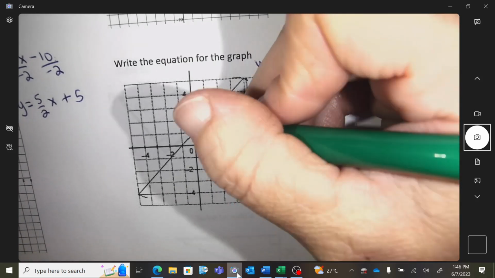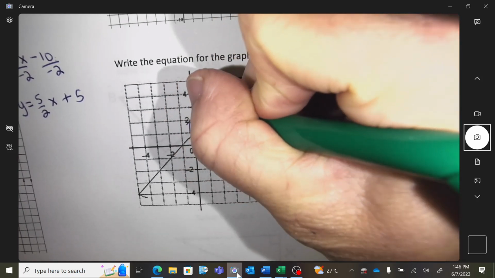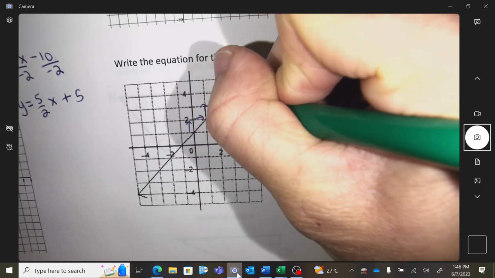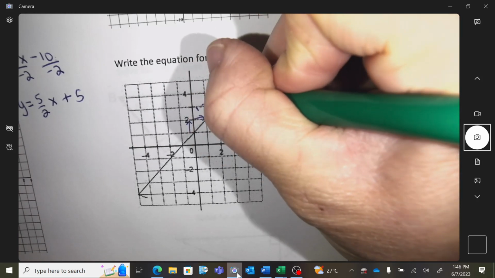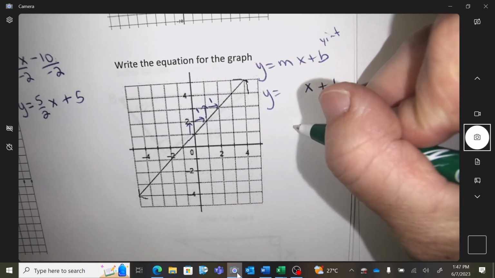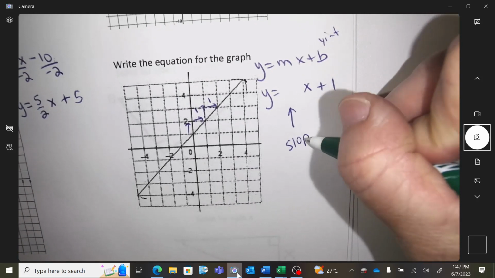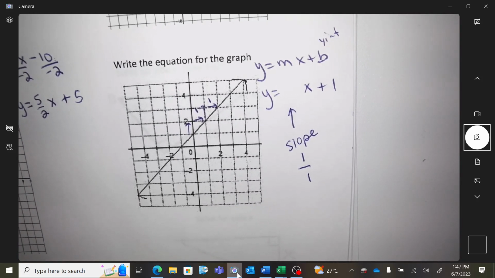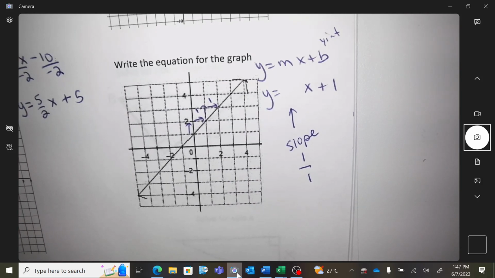And what am I doing to get to the next point? Up 1, right 1. So my slope is 1 over 1, which I'm not even going to write because it's the number 1. And that's it. Got an equation.